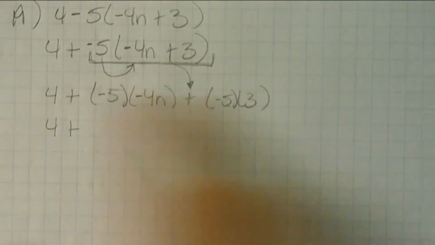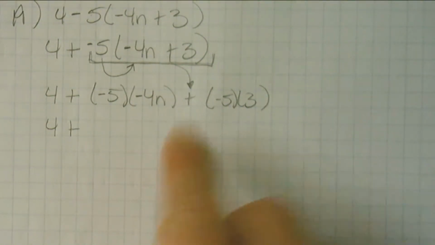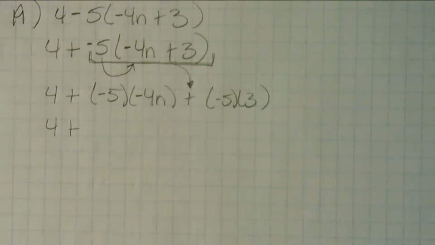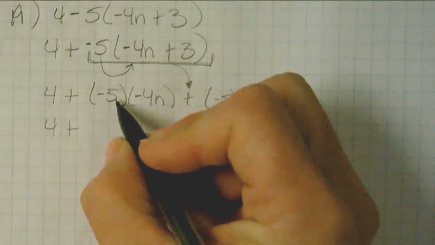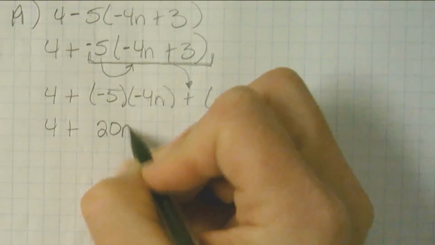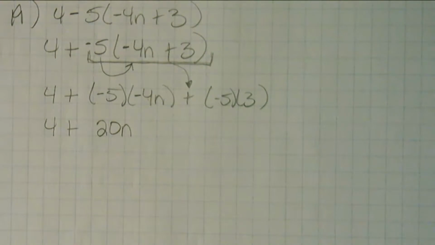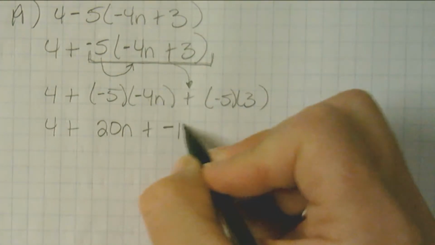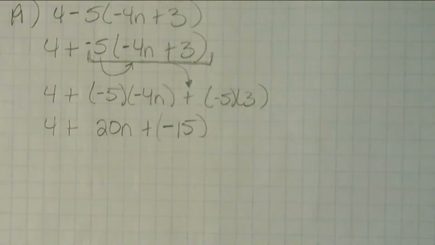I haven't changed the order of anything. It's all in exactly the same order. Don't change the order, because if there's subtraction, something's going to go wrong. So leave the order exactly the way that you see it. So I have 4 plus, well, negative 5 times a negative 4 is a positive 20n. Remember, you can multiply unlike terms. You cannot add them. Plus a negative 15. Questions so far?